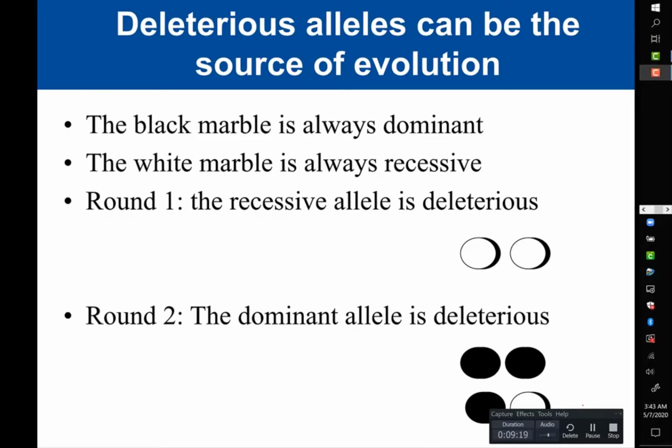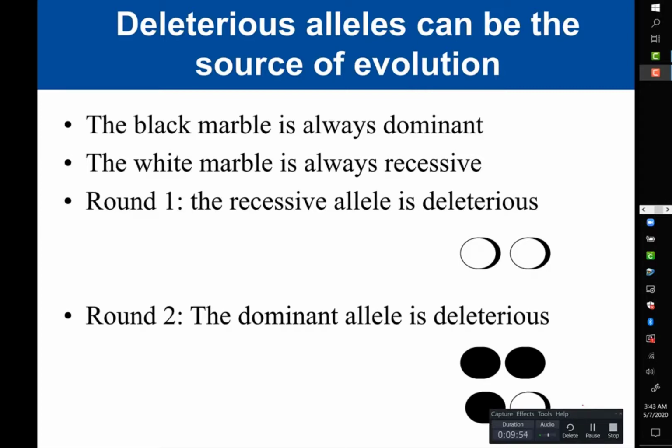Typically, people who are born with achondroplasia have a shorter lifespan than the general public, but it's not so deleterious that it kills them before reproductive age. And so they can pass that trait on to their offspring, and that dominant allele stays within the population. So there are cases where a dominant deleterious allele can remain in a population for more than one generation.